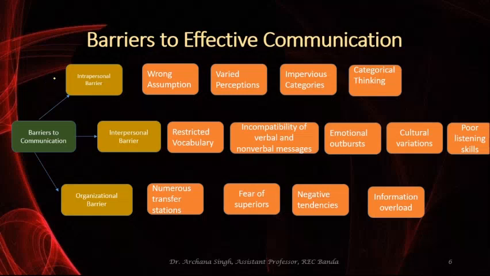When a thought process is going on within a person, it is intrapersonal communication. And when noise is created in that process, it is an intrapersonal barrier. Interpersonal is when communication takes place between two or more people in proximity, and when a barrier occurs in that process, it is an interpersonal barrier.